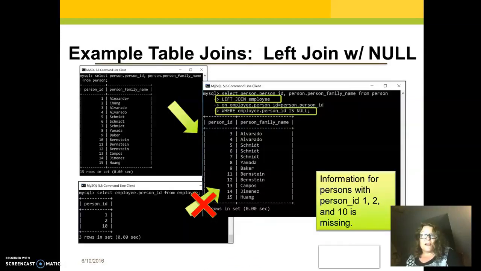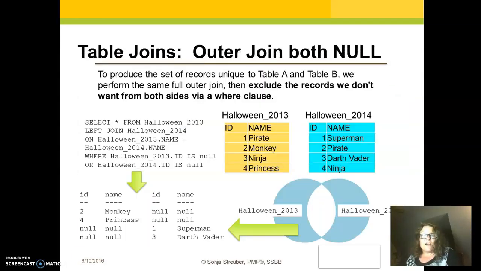Now, we also have the option of performing an outer join where both are null. That means that we will be displaying only the information that is very specifically in this table and very specifically in this table, but none of the information that is shared between the two tables.